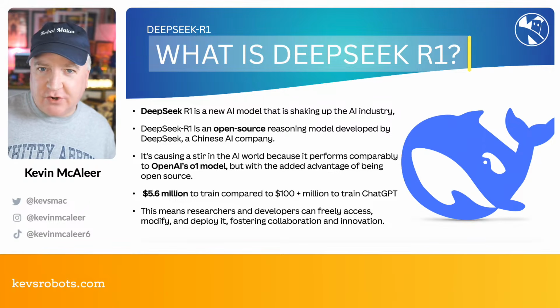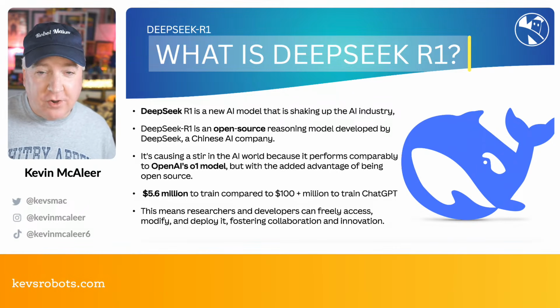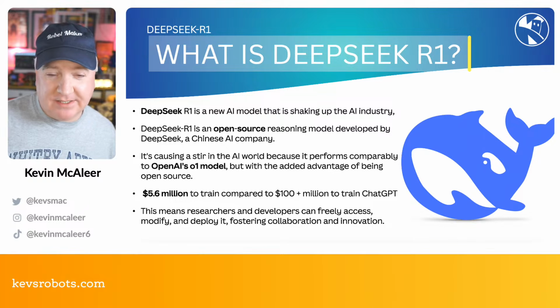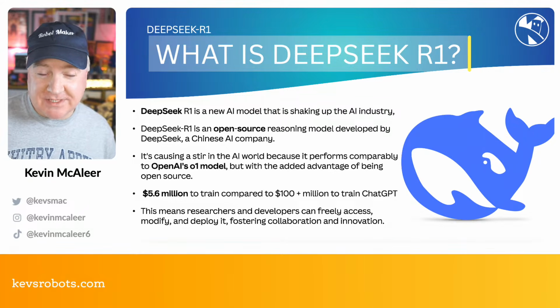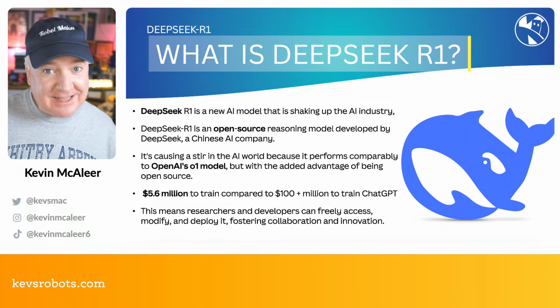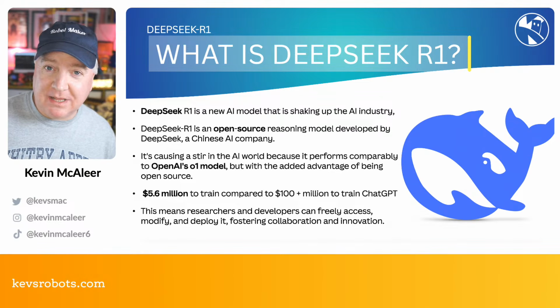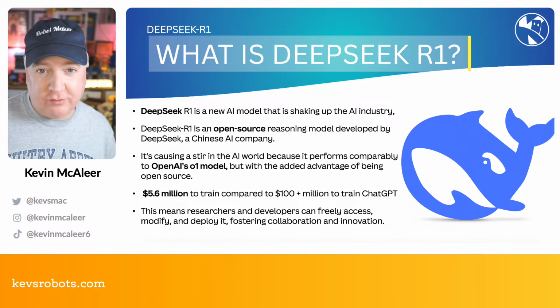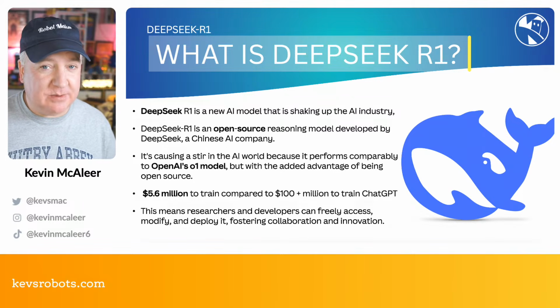It's caused quite a stir in the AI world because it performs almost as good as OpenAI's O1 model, but with the advantage of being open source and running on like a tenth of the hardware. In fact, allegedly, it only costs 5.6 million to train compared to the hundreds of millions that it costs to train ChatGPT.